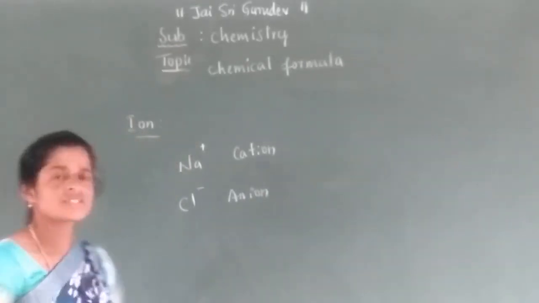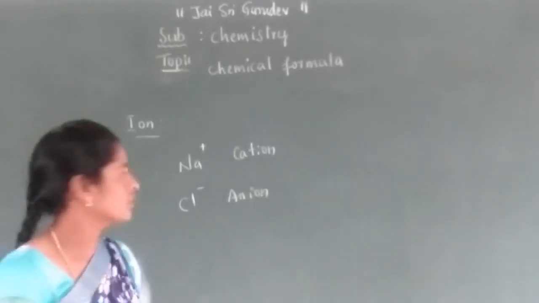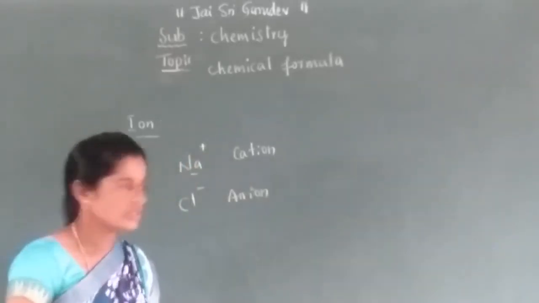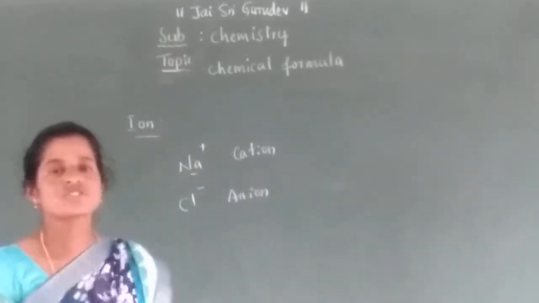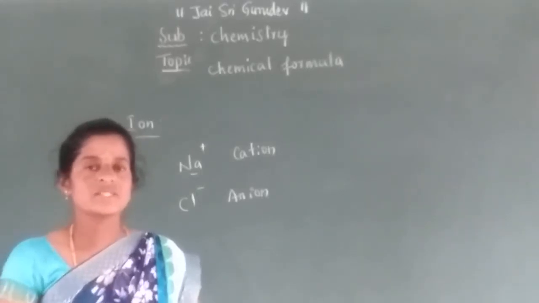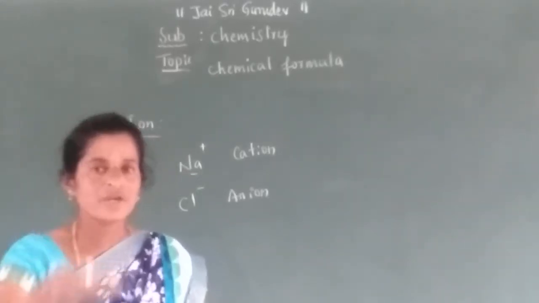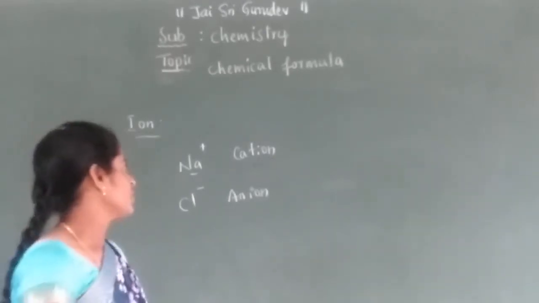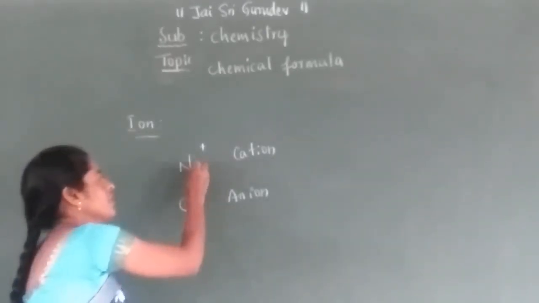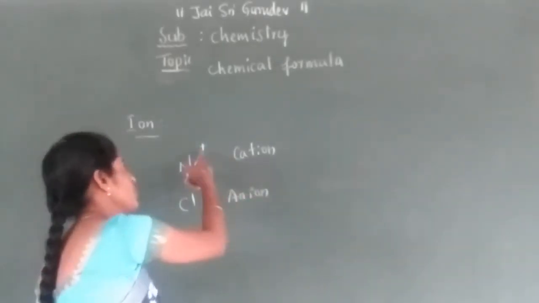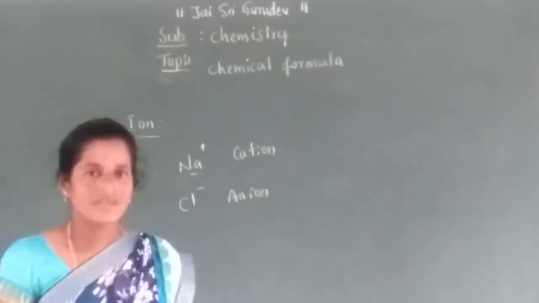Then how can we expect the positive ion and a negative ion? See, Na is a metal, and if it is having a positive ion, it indicates that it has an excess of electrons. That means it is ready to donate electrons to the neighboring atoms. Because it has an excess of electrons, it is able to donate them, and it always carries a positive charge, so it is called a cation.